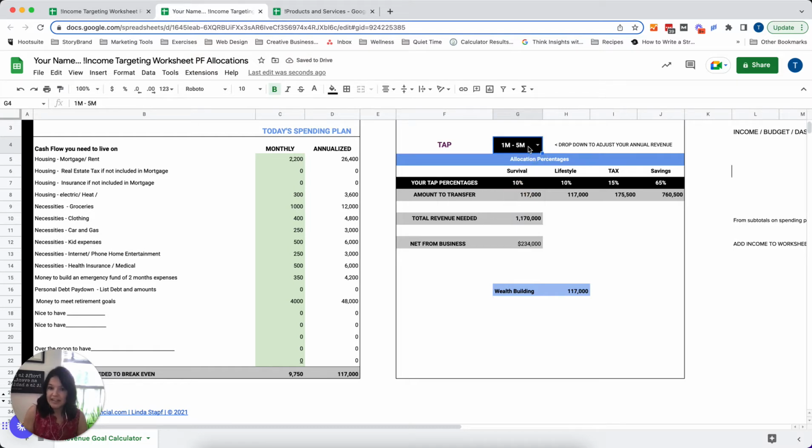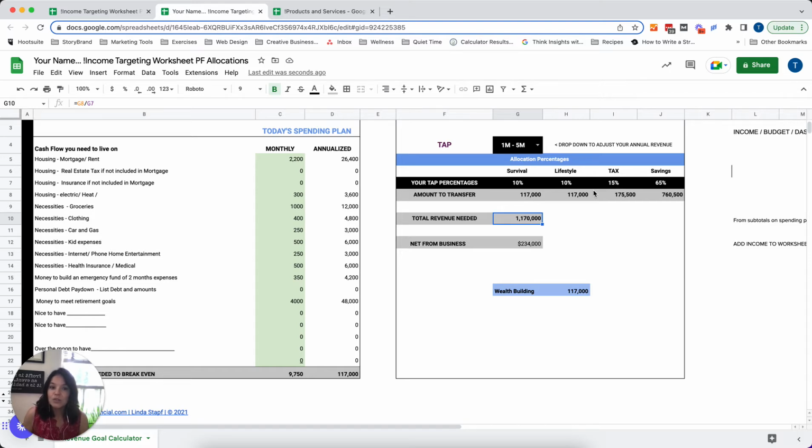And you can change it according to the revenue that you've got coming in your door. And in order to pay yourself this, it then gives you a total revenue needed.